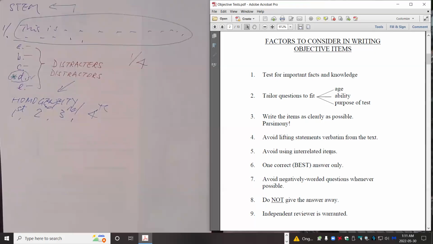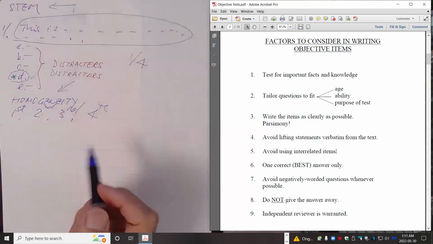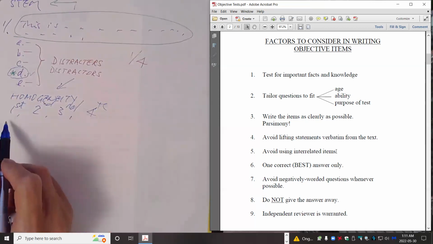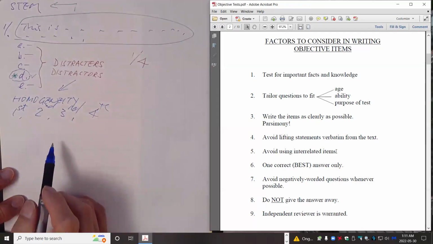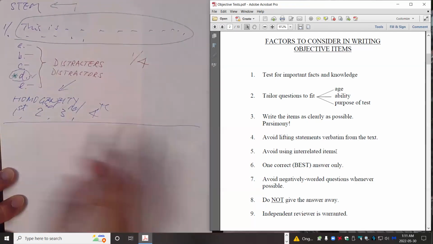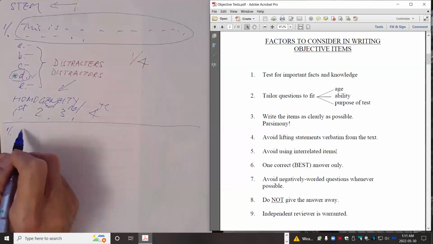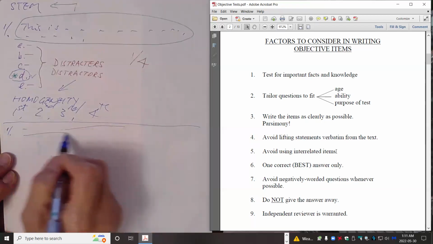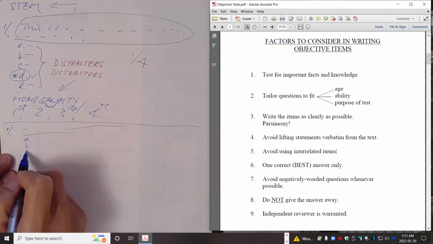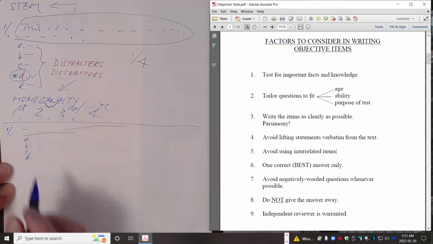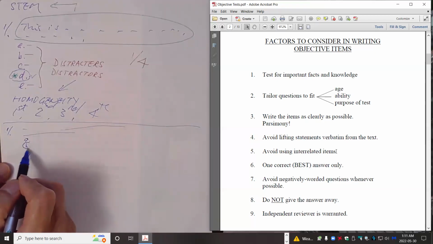Avoid using interrelated test items. What is that? Let's say item 1 has choices A, B, C, D, and B is the correct answer.